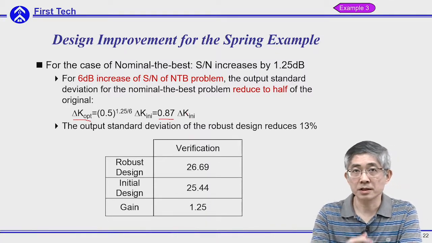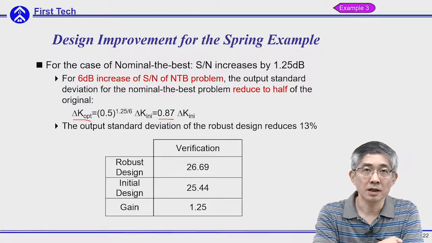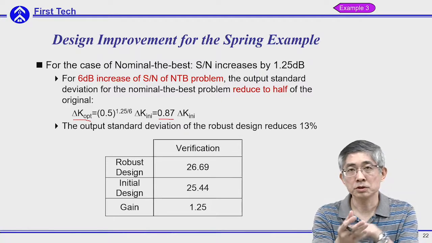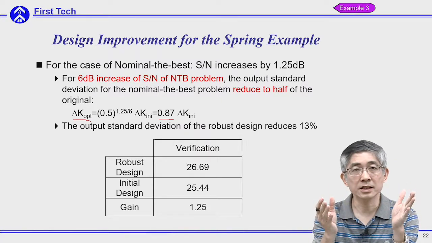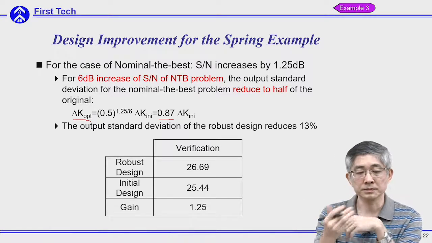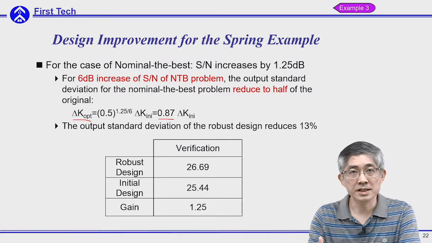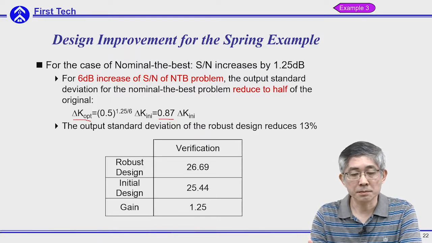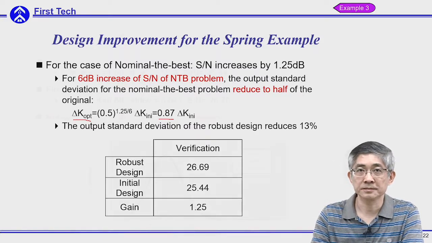Here we are using tolerance delta instead of standard deviation because in real applications, we usually use 3 times the standard deviation to represent the tolerance, so they are in proportion. So using this robust design process, we can reduce the output tolerance by 13%.